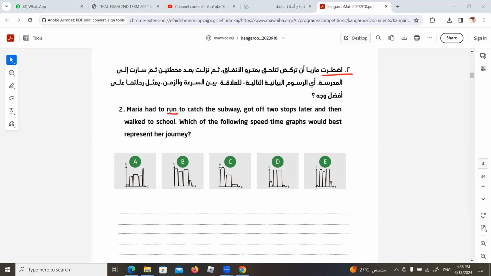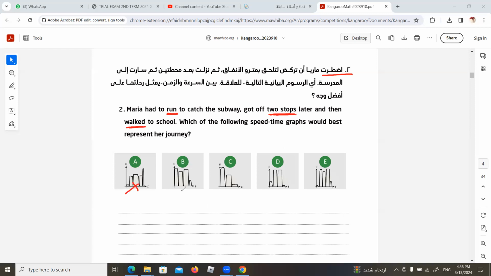It is very clear that Maria started by running, then took two stops by subway, and after that she walked. So if we need the graph, the run is greater than the walk, and the run is smaller than the distance covered by subway. So the subway will be the highest in the representation.